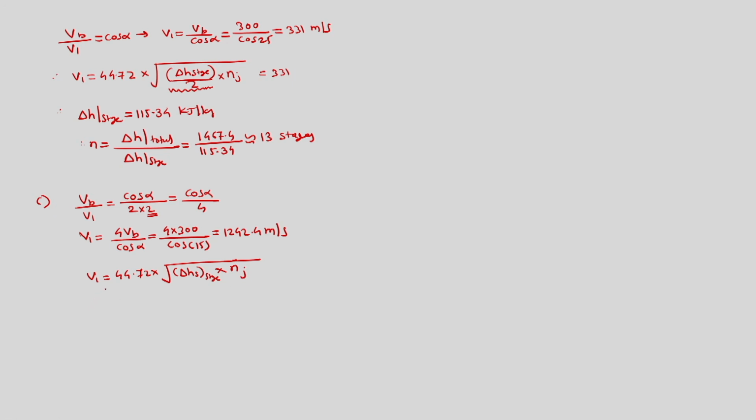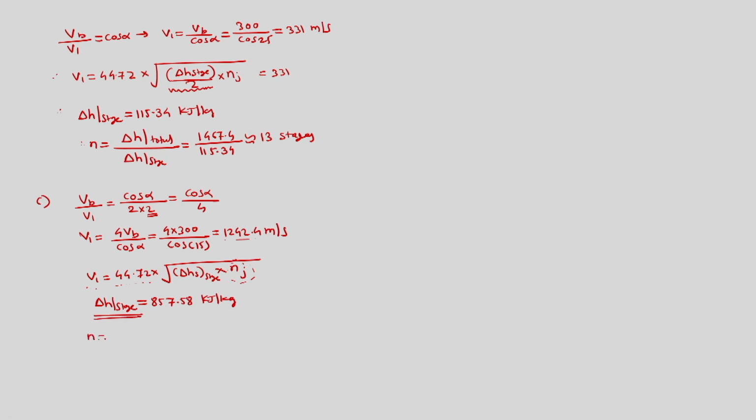From here we get delta H stage as 857.58 kilojoule per kg, since we know Nj is 90%, 44.72 is known, and V1 is known as 1242. This gives us delta H stage.